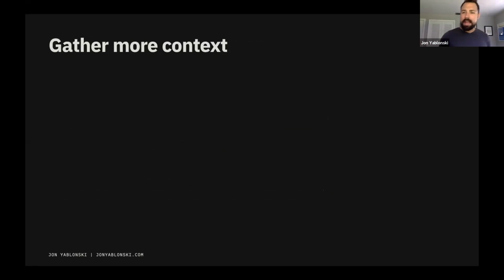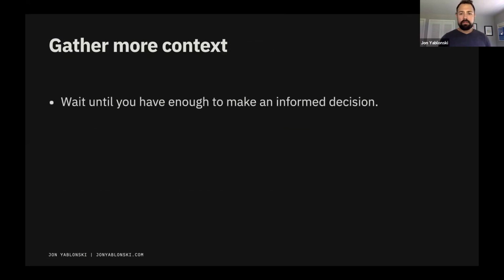The next thing we can do is gather more context. Doing things like waiting until we have enough to make an informed decision. Instead of making a decision based on however much data we have, we can hold off and wait until there's enough there that we're very comfortable with making a design decision.